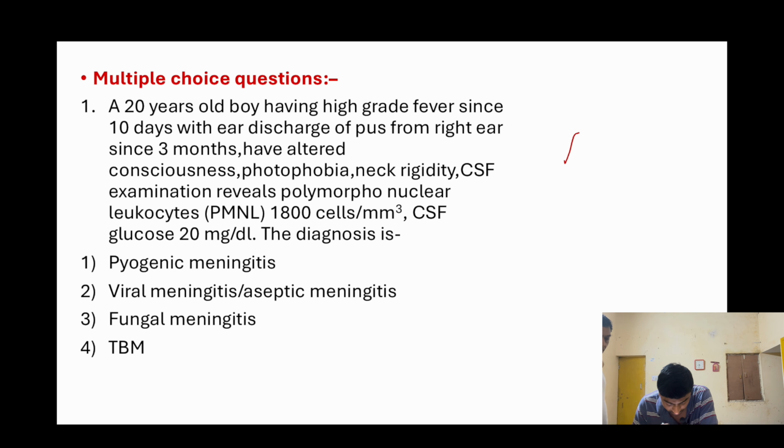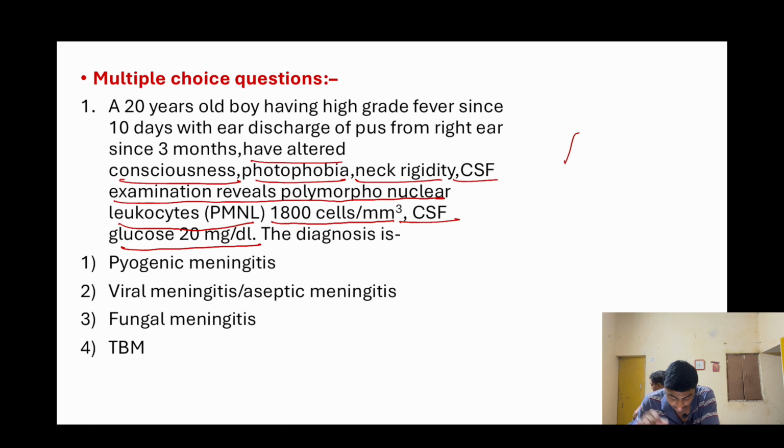In this question, if you can see, the CSF examination reveals a very high concentration of polymorphonuclear leukocytes, 1800 cells per mm cube, and the CSF glucose level is very low, and the patient has altered consciousness, photophobia, and neck rigidity.